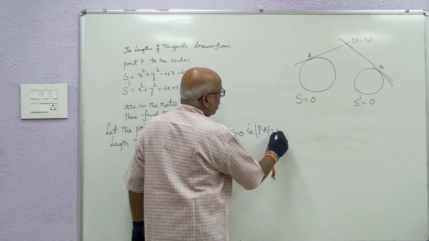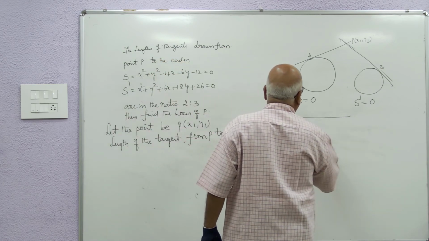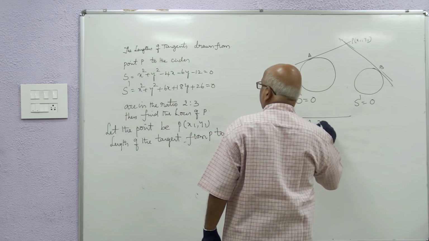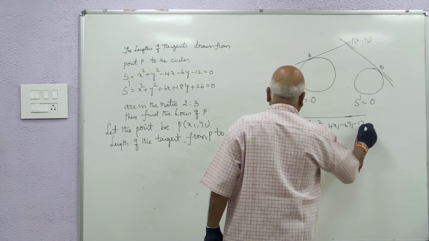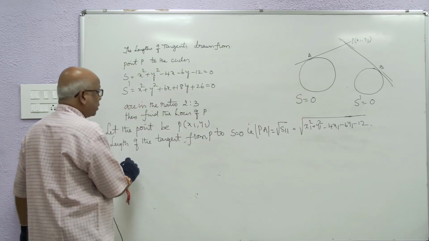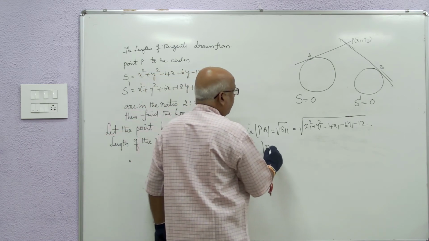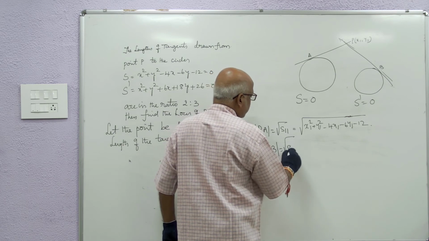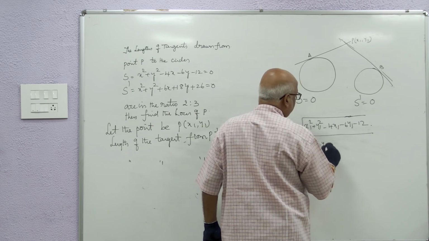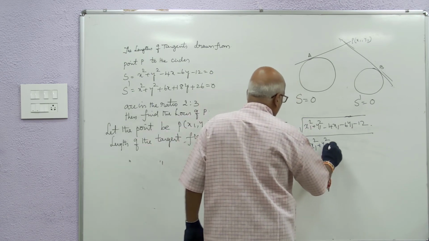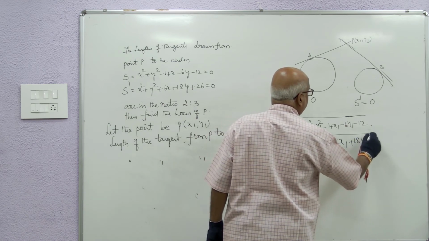What is the formula? Root S11. What is meant by root S11? Substitute here. X1 square plus y1 square minus 4x1 minus 6y1 minus 12. And length of the tangent from P to S dash equal to 0, that is PB. Root S dash 11. Root of x1 square plus y1 square plus 6x1 plus 18y1 plus 26.